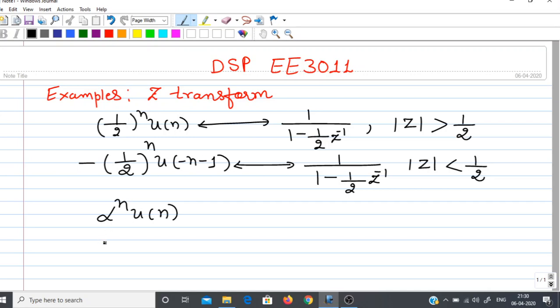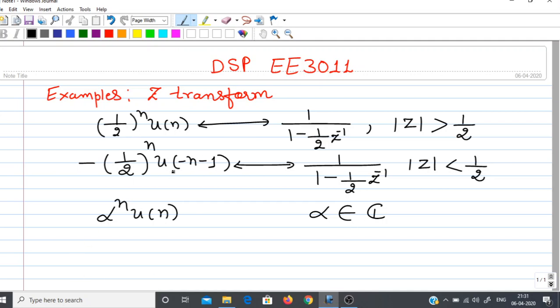Let's say e to the power j3n. And then if I ask what is the Z transform of this sequence alpha to the power n u[n], where alpha belongs to the set of complex numbers. This C script denotes the set of complex numbers.